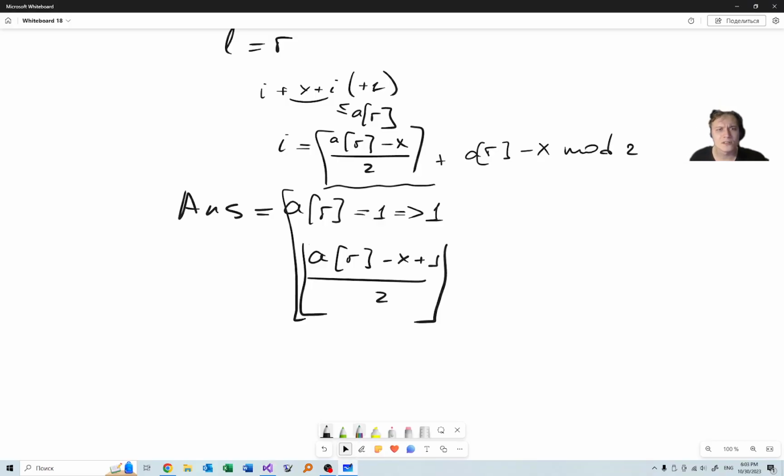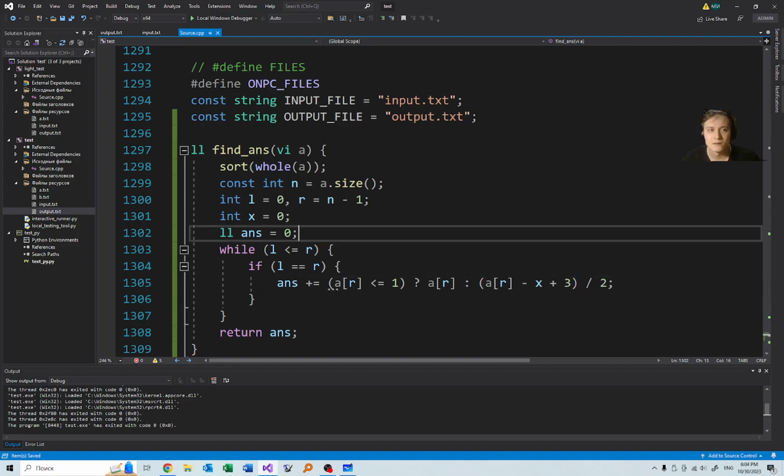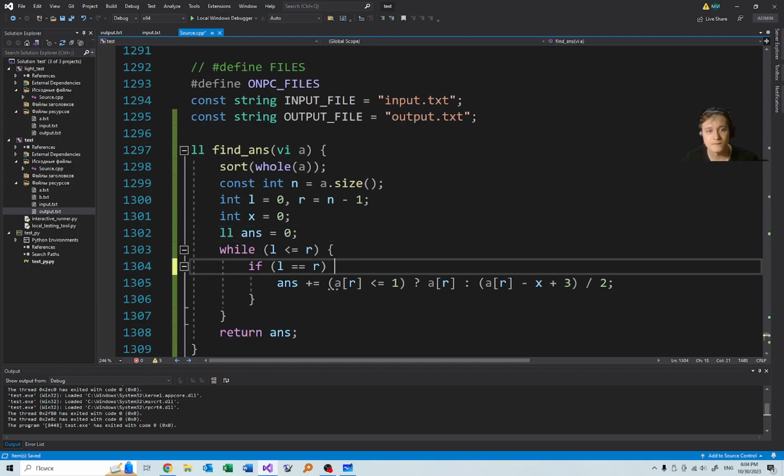But no, we also need to apply one operation just for the first time, the number of first time operations. We also need to add 1 to this, so it gets 3. And we need to break up to that.